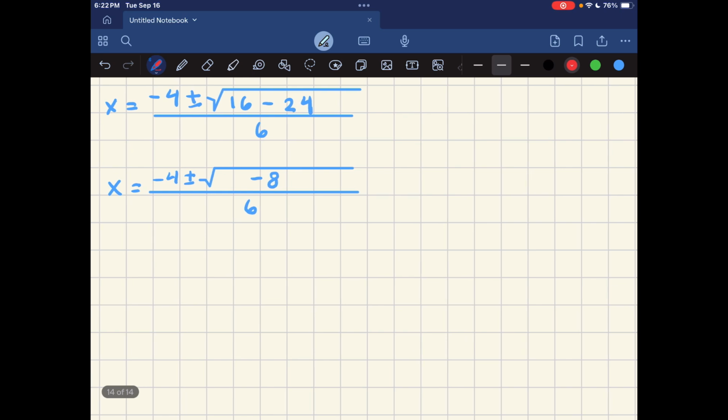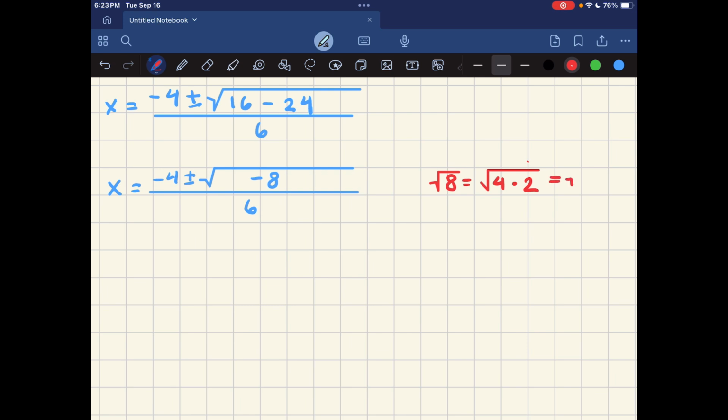On the side, as you can see, 4 and 2 multiplied equals 8. So the square root of 8 is the square root of 4 multiplied by 2.